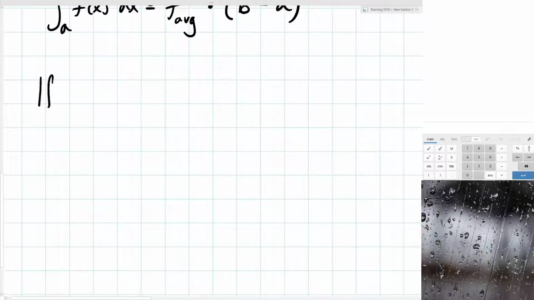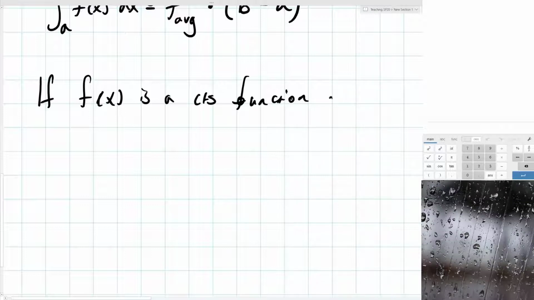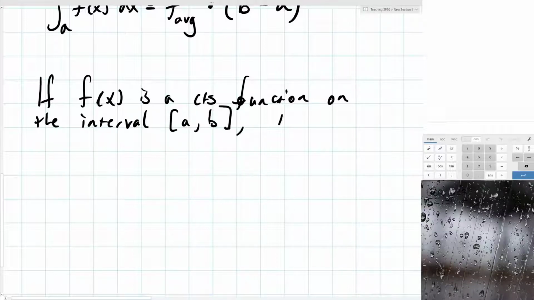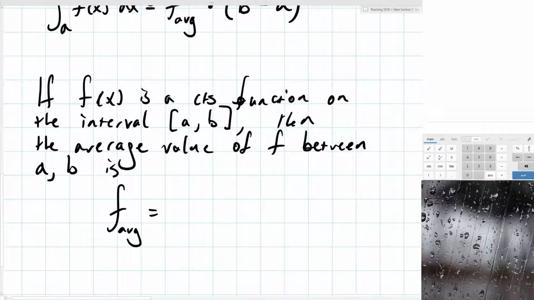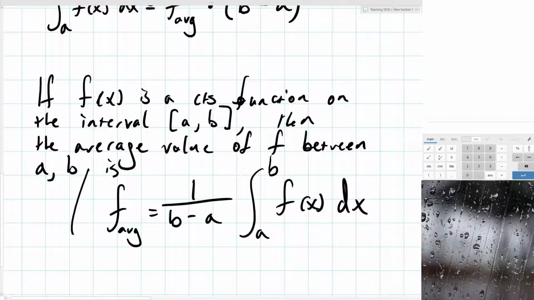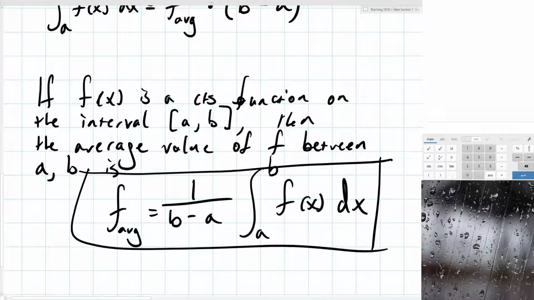So if f of x is a continuous function on the interval [a, b], then the average value of f between a and b is f average equals 1 over b minus a times the integral from a to b of f of x dx. So that is our average value formula.